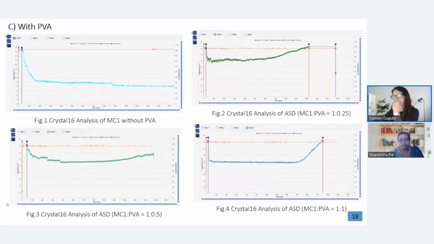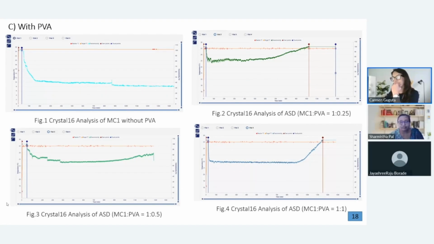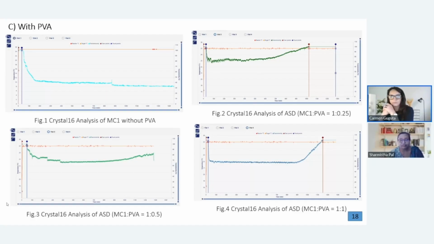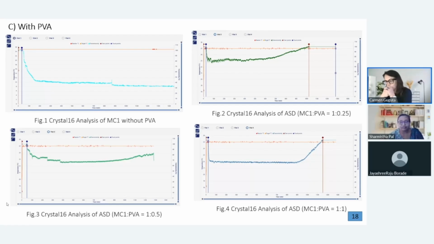Now looking at the last example, which is with PVA, polyvinyl alcohol, as a polymer. Again, these are the real-time transmission profiles obtained from the Crystal16 at the different API to PVA ratios from higher to lower. Now go to the next slide.